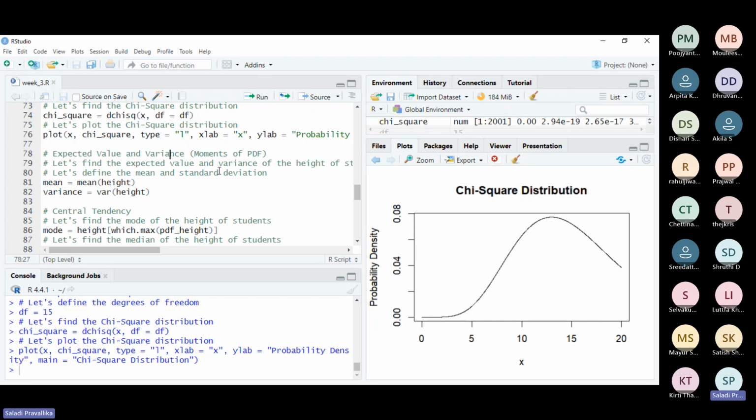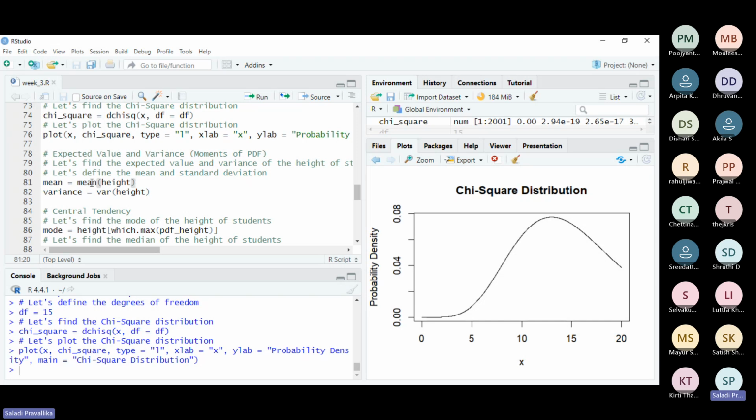The first moment is the expected value. So given something, we get one expected value. The second moment is nothing but the variance, and the third moment is skewness, and the fourth moment is something else, and so on. So for all of these, you have different outputs.